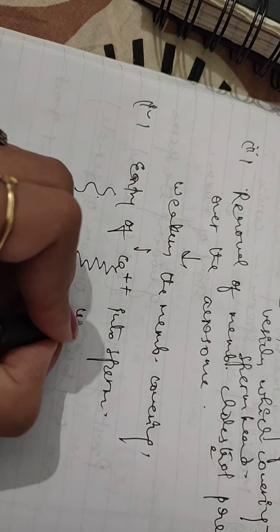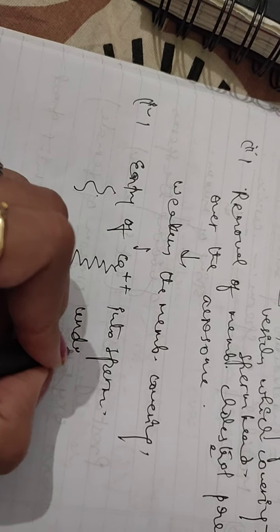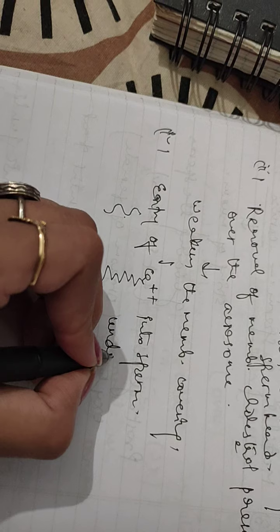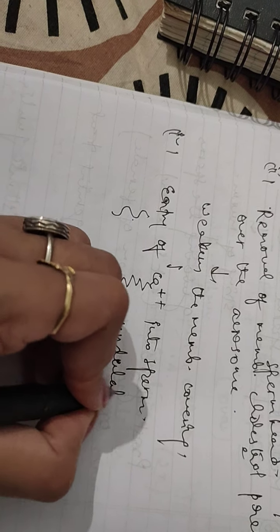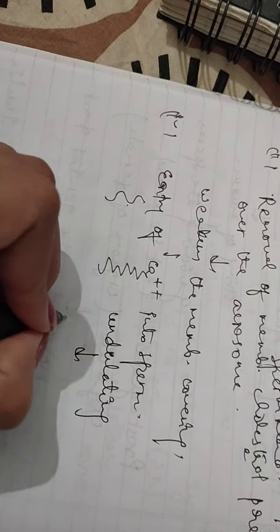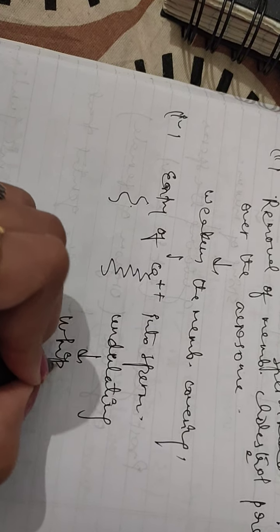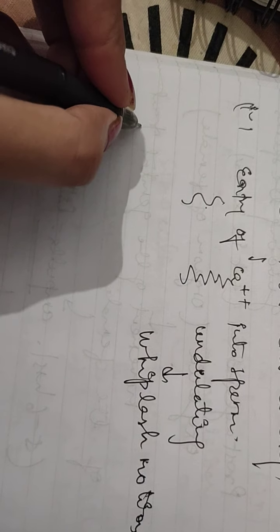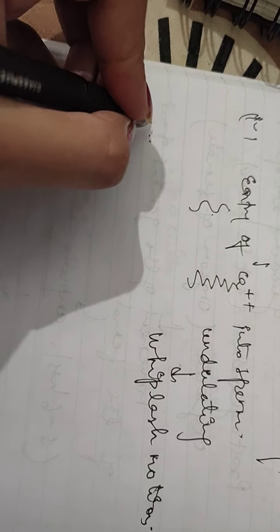It is a very fast movement. This increases the permeability of the weakened acrosomal covering to calcium ion.